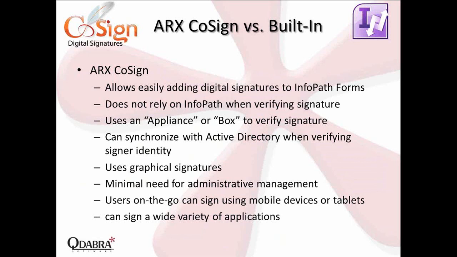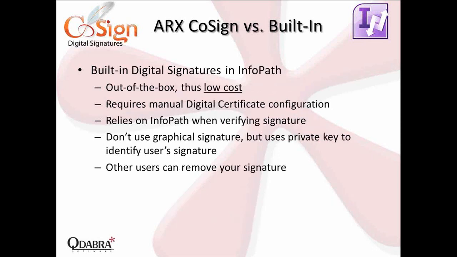And using graphical signature is also a big plus, of course. And there's a minimal need for administrative management because it can be installed quickly, so that means less work hours for you. And like I said, you can also use it on mobile devices or tablets, and it can sign a wide variety of applications, so you're not limited to just InfoPath.